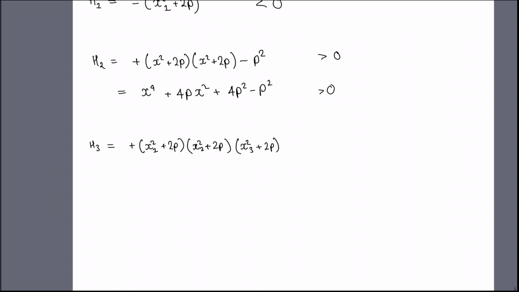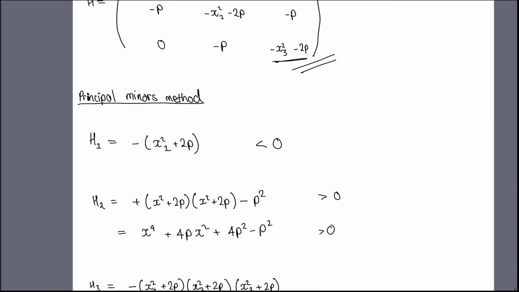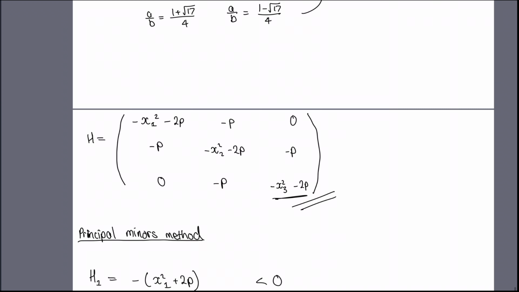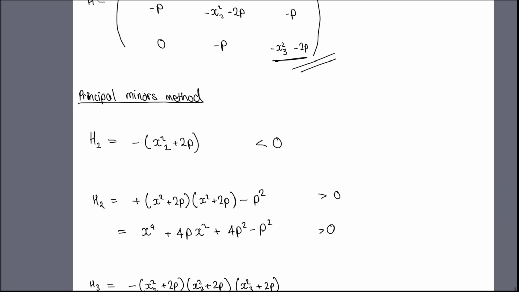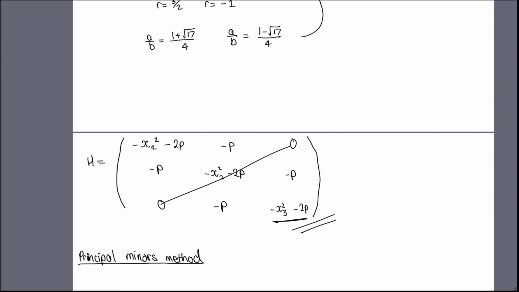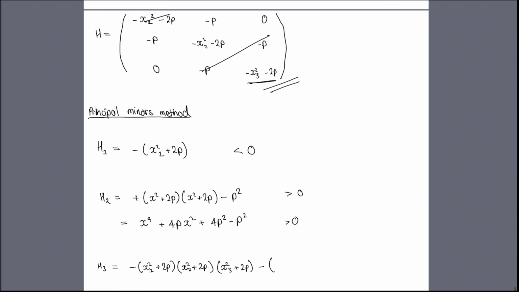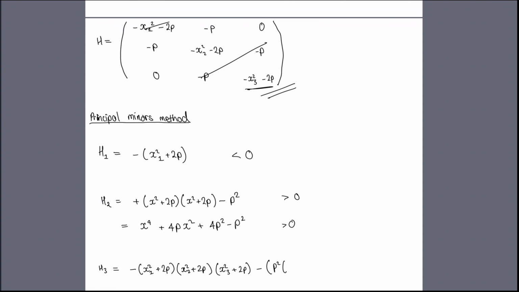Because I've taken out the minus from here, this positive now becomes negative, and then we get this diagonal, which is just 0, and then this diagonal, which is 0 again, and then we subtract this from this diagonal, which is just 0, this diagonal, which will be rho squared brackets x squared 1 plus 2 rho with that minus outside, and then this diagonal, which is minus rho squared x squared 3 plus 2 rho.